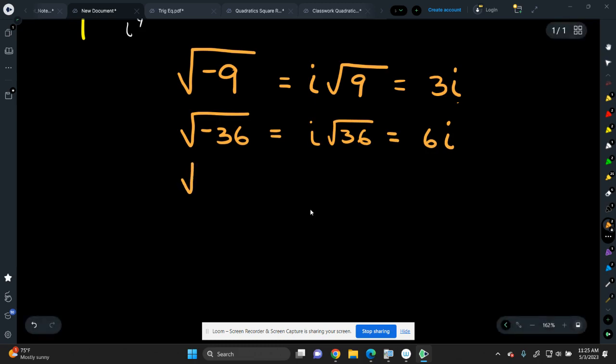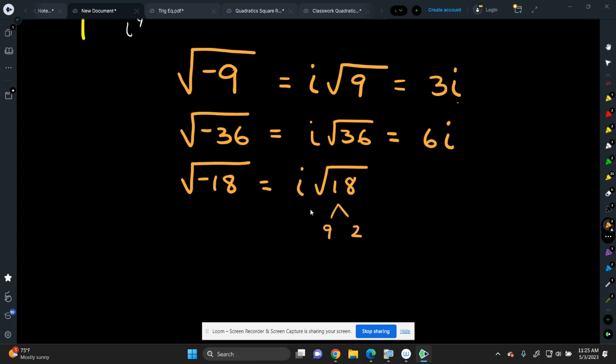How about the square root of negative 18? Shoot the I out. And now we take the square root of 18. That's 9 times 2. Do we know the square root of 9? 3. So we have I, 3 root 2.